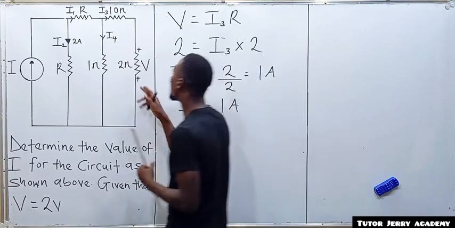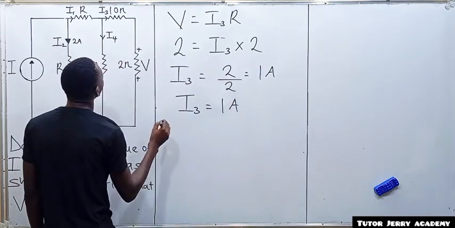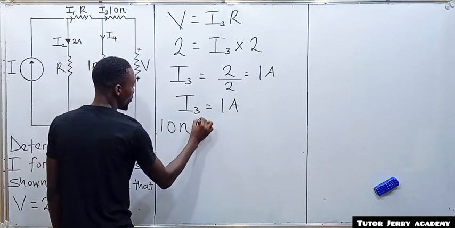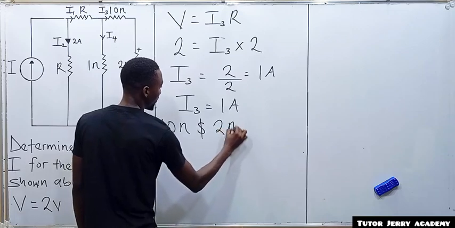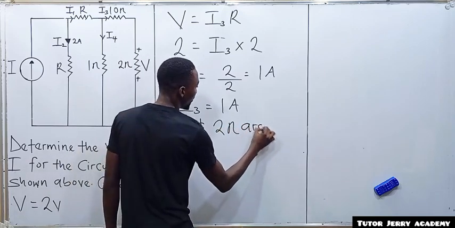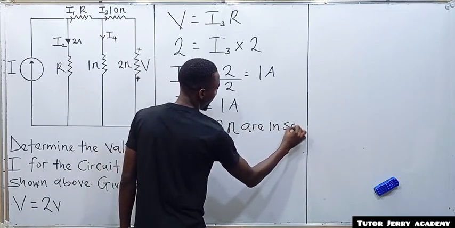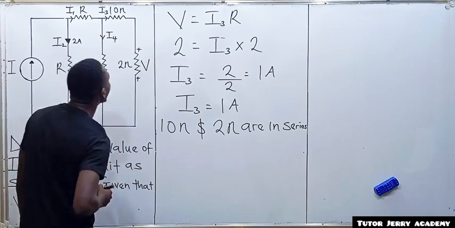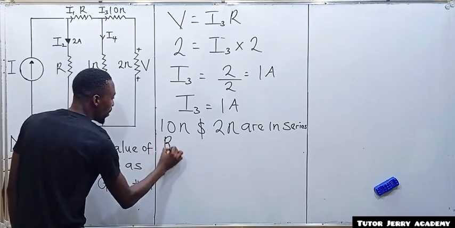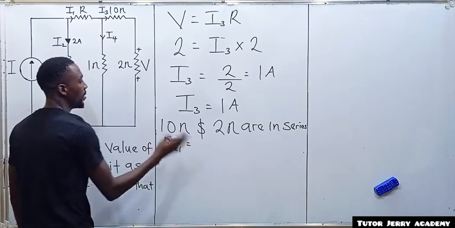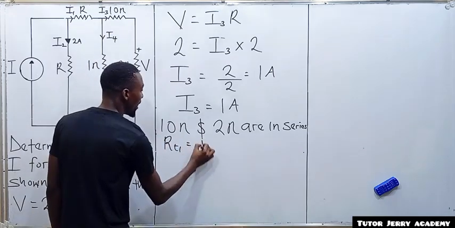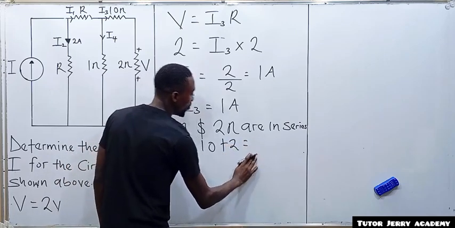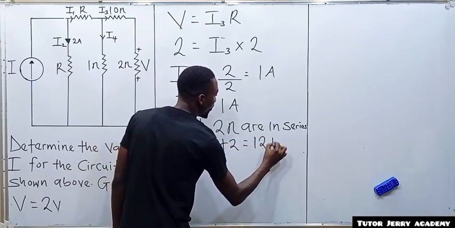So 10 ohms and 2 ohms are in series. Let's call their effect RT1. The equivalent resistance here is going to be 10 plus 2, which is equal to 12 ohms.